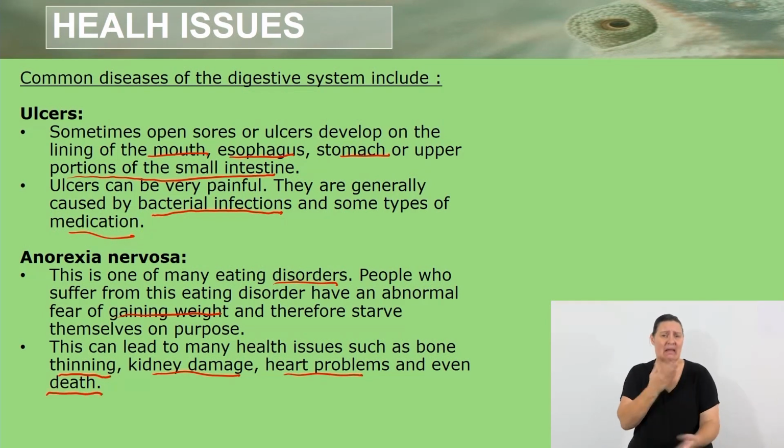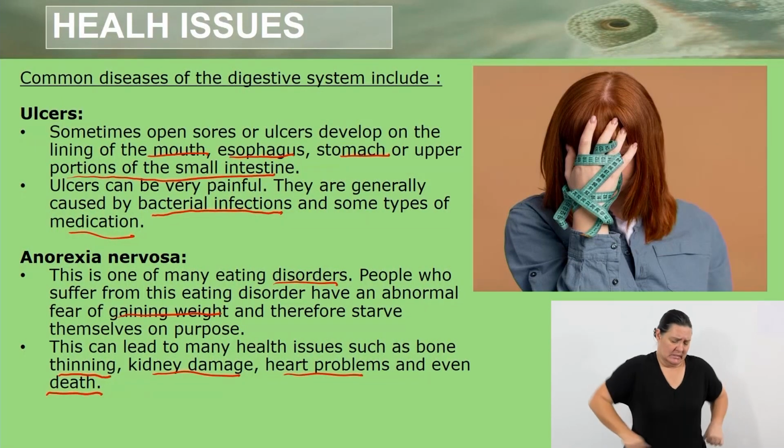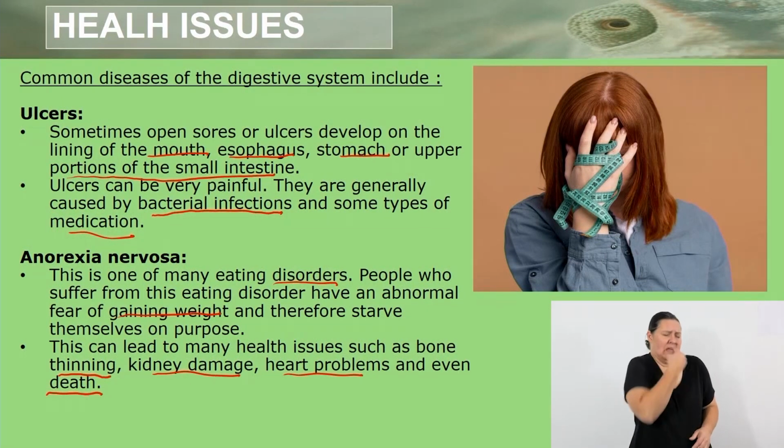So that's how dangerous anorexia can be. When you are looking at this picture, you can see this lady has a tape on her hand, which means she's constantly measuring herself, and she doesn't want to show her face because she probably doesn't want to see how she looks, because she thinks she gained weight, or we don't know.